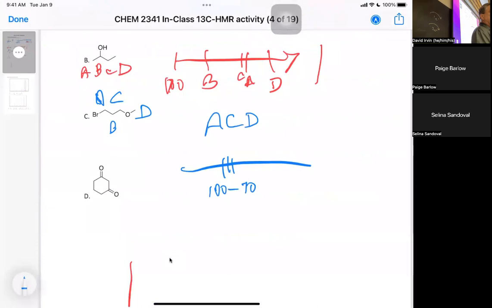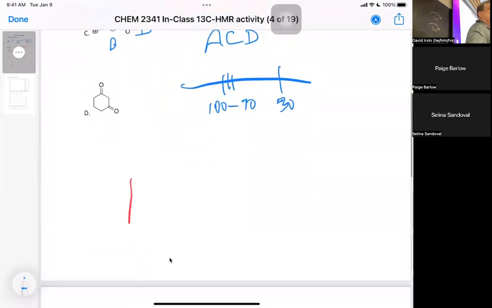And then B is going to be maybe around 30. Okay, that's all we can tell. We don't have any splitting. We don't have any ways to tell how many hydrogens are on.